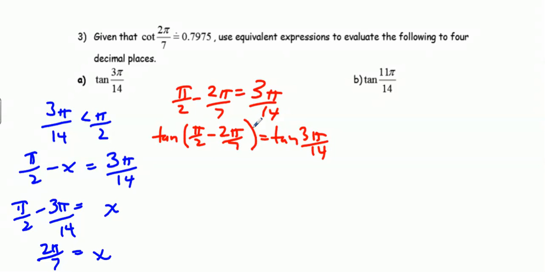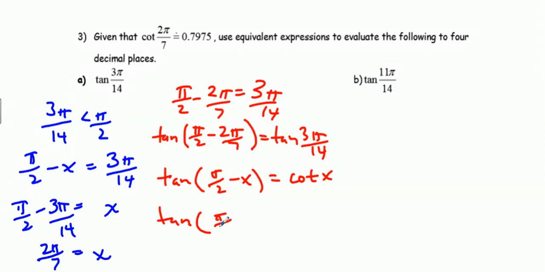I also now go into my formula sheet and look for the tan of pi by 2 minus x. And I see that I have an identity, tan of pi by 2 minus x equals cotan of x. I know that I have the tan of pi by 2 minus 2 pi by 7 equals the cotan then of 2 pi by 7.